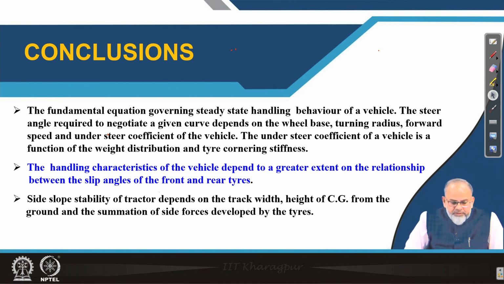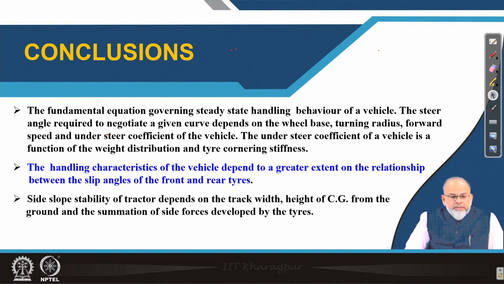Then we also discussed the handling characteristics of the vehicle, and how they depend to a greater extent on the relationship between slip angles of the front and rear tires. Then we also discussed the side slope stability of the tractor, and we observed that for side slope stability we have to check two conditions.